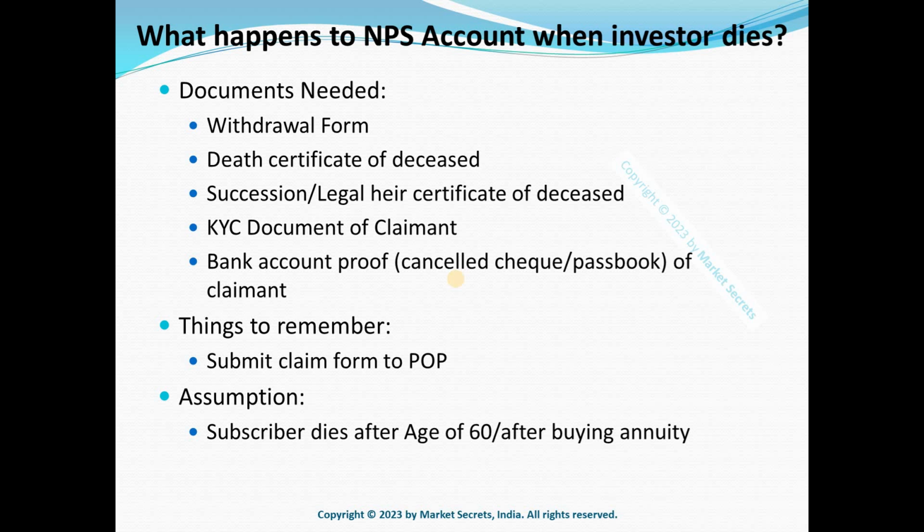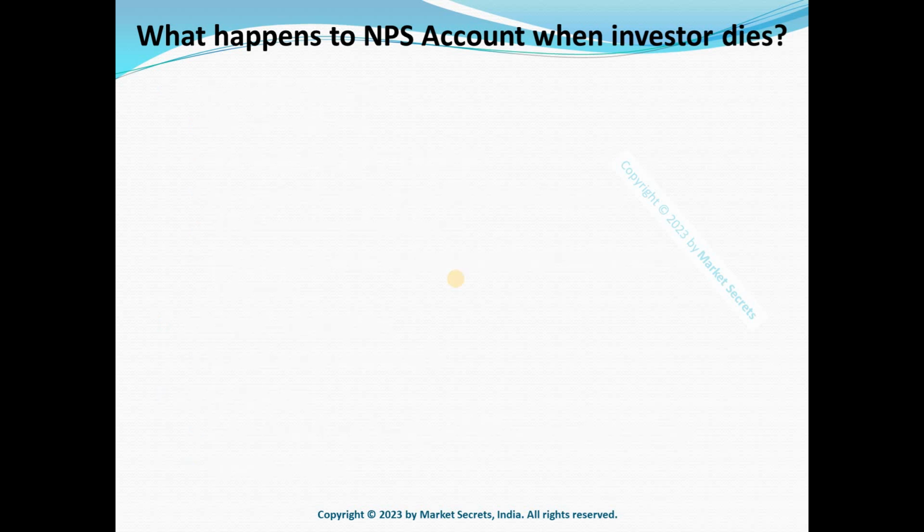This episode is focused on subscriber who dies after buying the annuity plan. So be clear on that. And the second assumption is nominee exists for the NPS account. So these are the conditions and these are the documents that we need. So with that assumption, let's talk about the claim process.